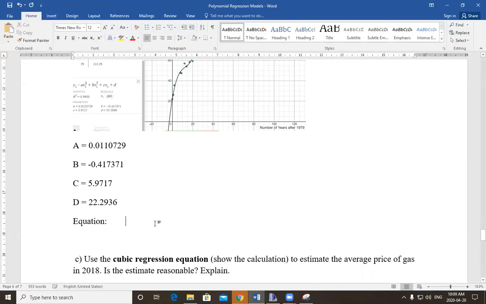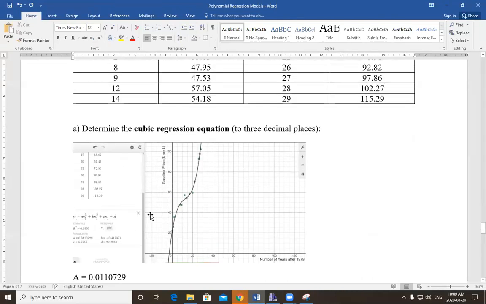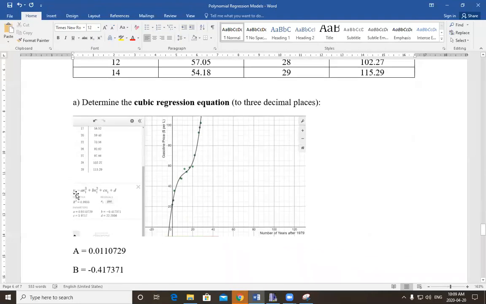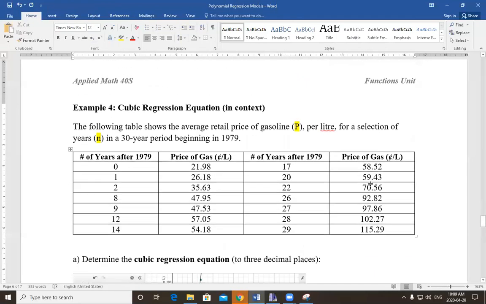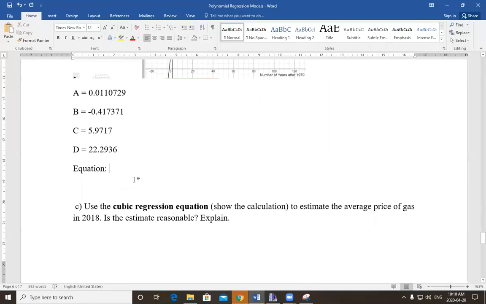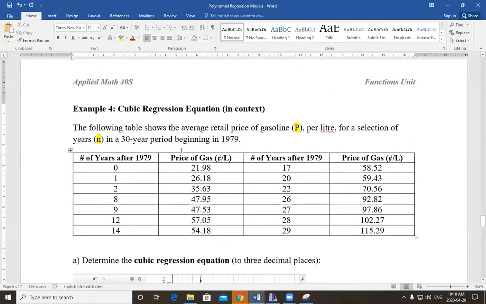Okay, so our equation from our regression. Instead of y equals x, we're going to say capital P equals our a value. The 3 says 3 decimal places, 0.0111. Oops, 1, 2, 3. So 0.011. Our x is n.